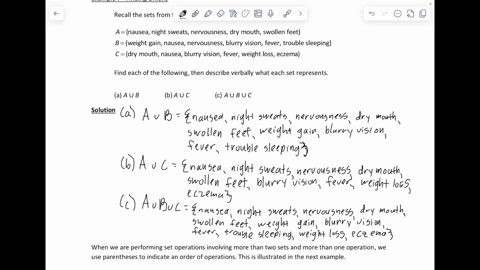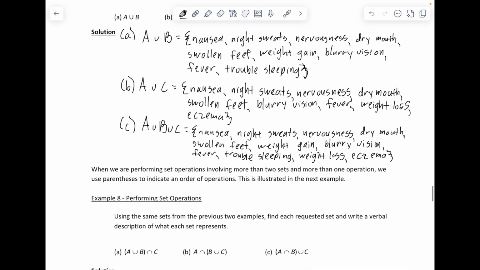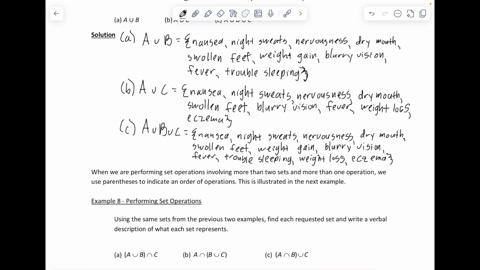Okay, when we are performing set operations involving more than two sets and more than one operation, we use parentheses to indicate an order of operations. So to illustrate that here with example 8, using the same sets from the previous two examples, find each requested set and write a verbal description of what each set represents.